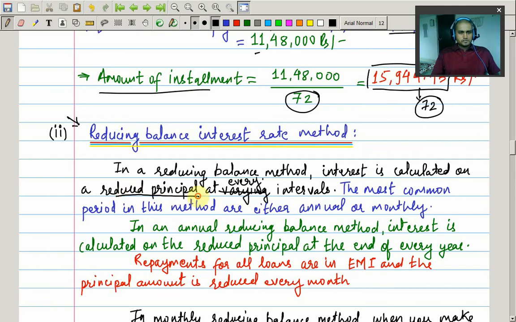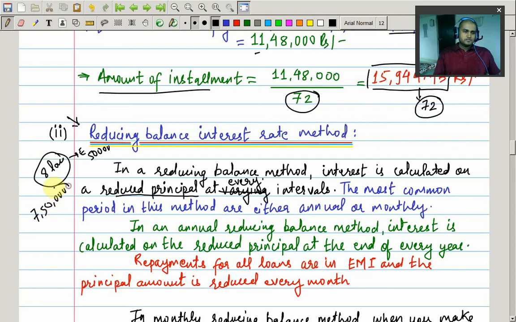So the statement says that if I have borrowed 8 lakhs, and whatever may be the EMI, say 50,000 is the EMI. So after paying the first installment of 50,000, my outstanding balance will be 7,50,000.